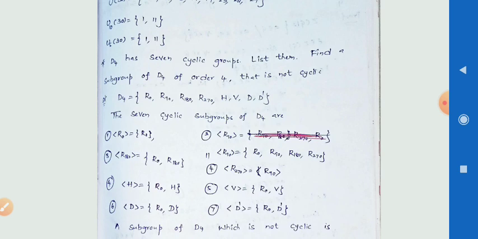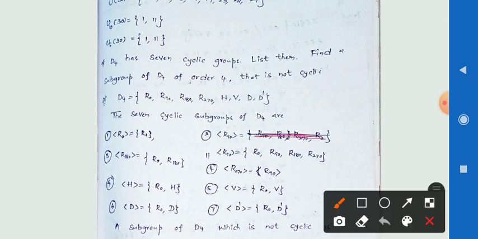The second one is the generator R90, meaning rotation 90. The subgroup generated by rotation 90 is the set R0, R90, R180, R270. Another rotation, the generator R180, is equal to R0, R180.